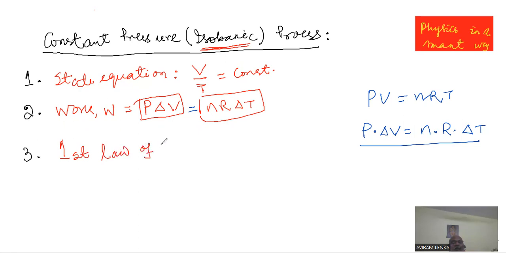Taking it in macroscopic form, Q equal to, or delta Q equal to delta U plus W. That says if the gas absorbs some heat, or if we are giving heat Q to the gas, out of the heat the gas stores delta U amount within it, that is the change of its internal energy.